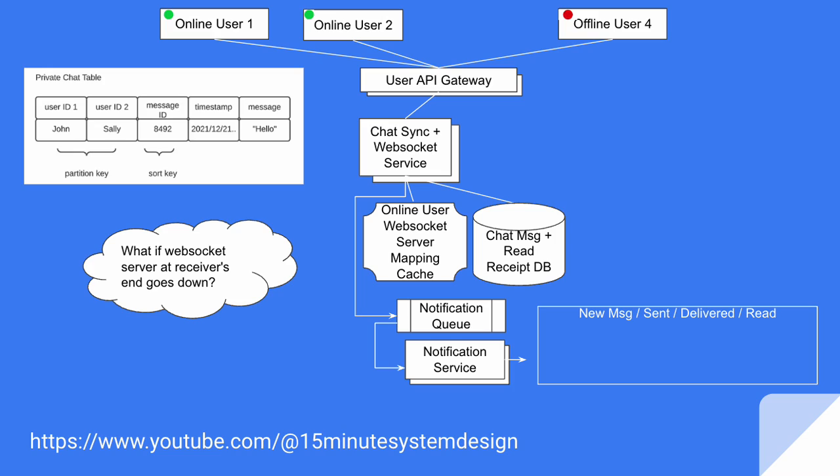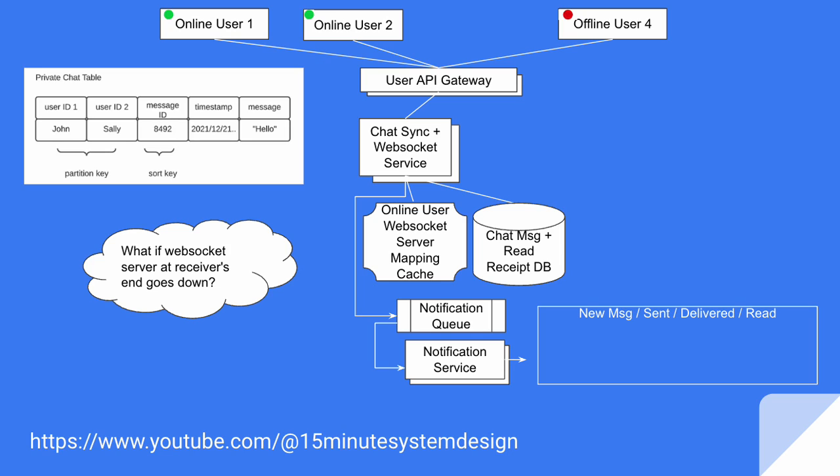And even though user 2 is offline and the push notification was not delivered, the client may request the chat service to push undelivered messages when it comes online next time. Okay.